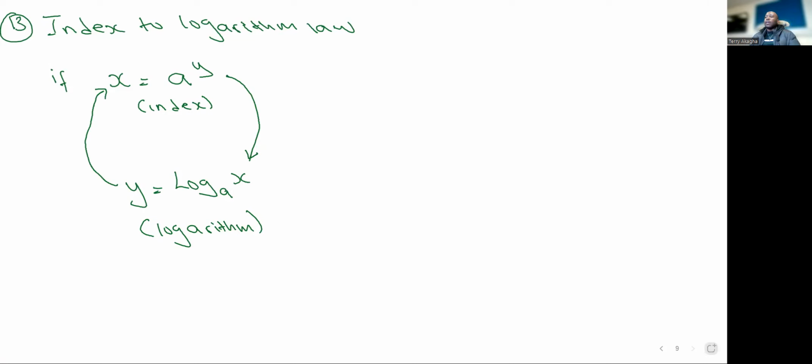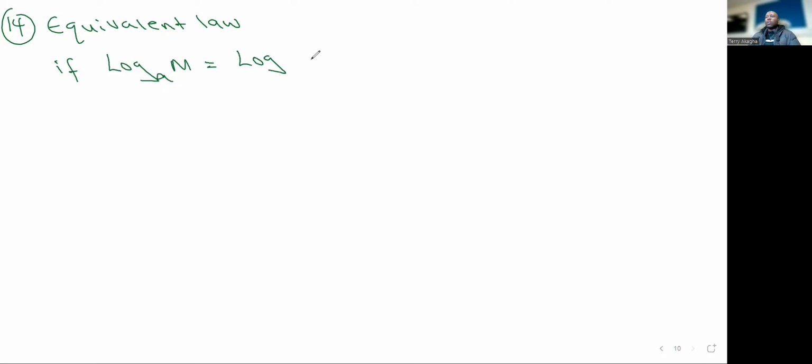So number 14. Number 14 is what we call the equivalent law. The law states that if log m to base a is equal to log n to base a, you can see we have log on both sides and they have the same base, base a.